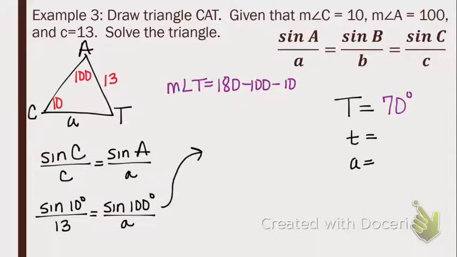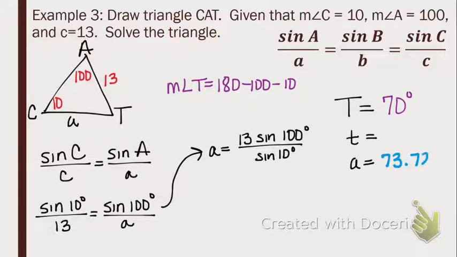you get that A equals 13 times the sine of 100 all over the sine of 10, which will give you, for your answer, I got 73.727.